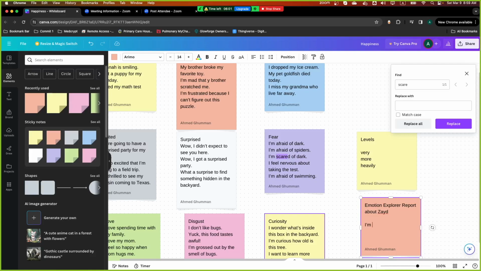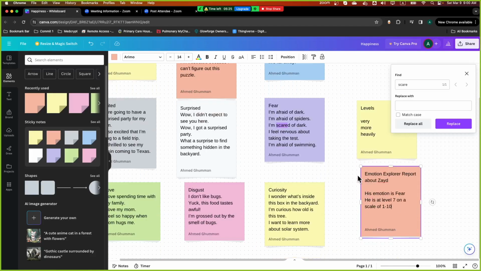He is scared of the dark, that's what we told it, but his emotion is fear. On a scale of 1 to 10, he is at 7, because of the word we used, very. He is at level 7 on a scale of 1 to 10. So something like that. The Emotion Explorer can create a report based on that.